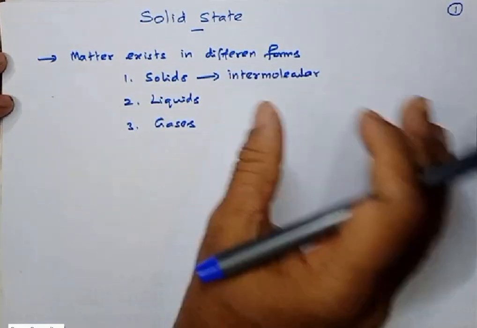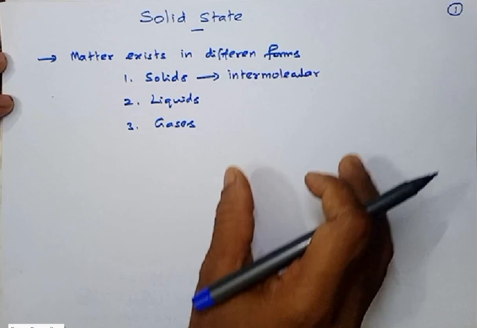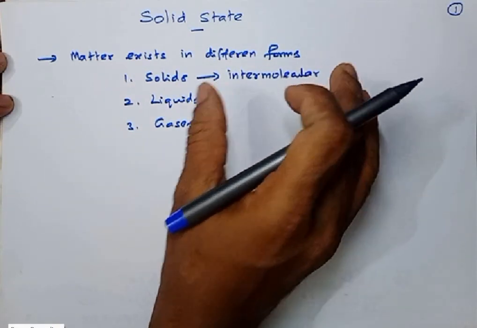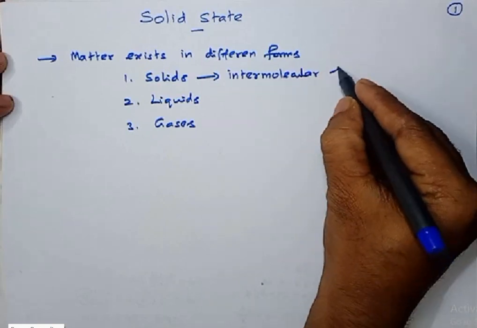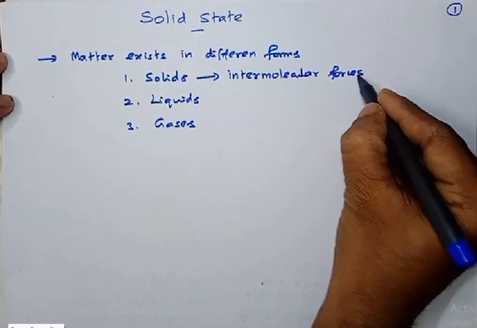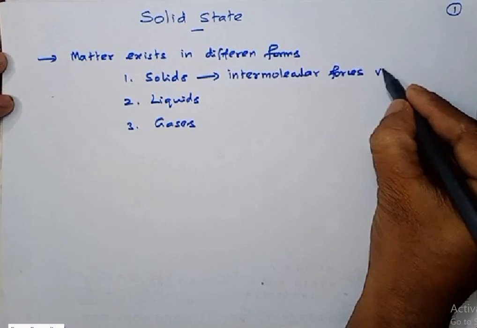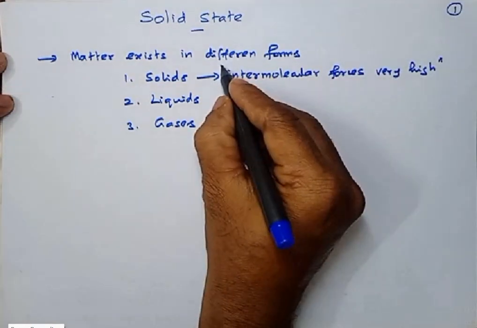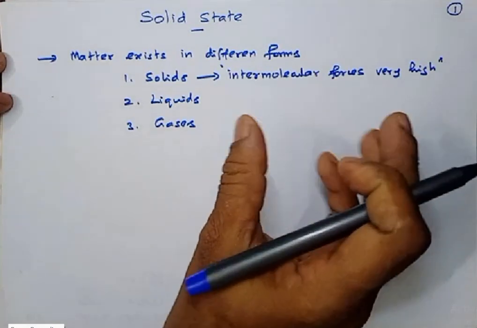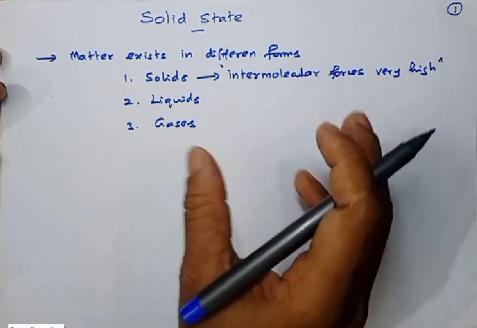So just here I'm using the molecular term as a general term. Okay, so intermolecular forces are very high. In case of solid, intermolecular forces, specifically attractive forces, are very high.